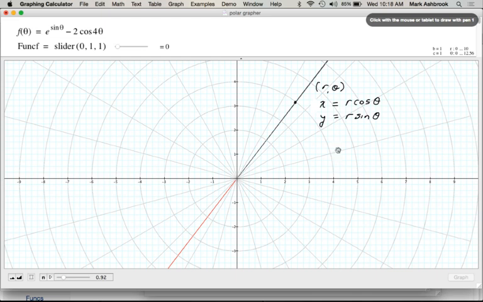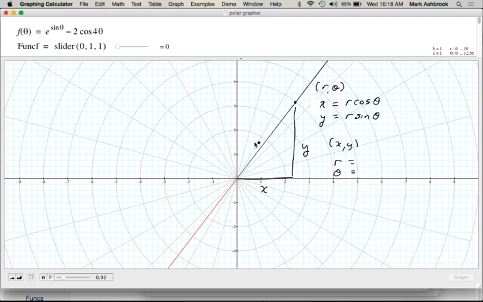All right, so now what if we were given this as x, y, and we wanted to find r and theta? So we have x and y, and we don't know r and theta. What does r equal, and what does theta equal? So this is r.